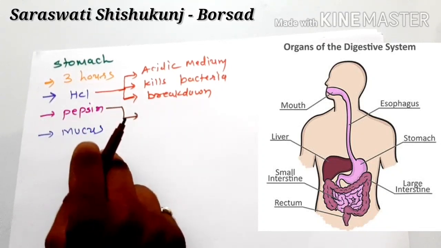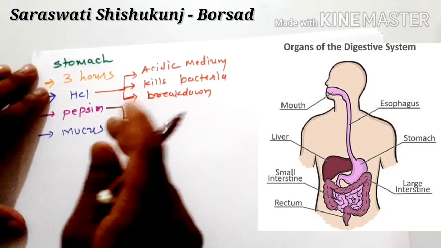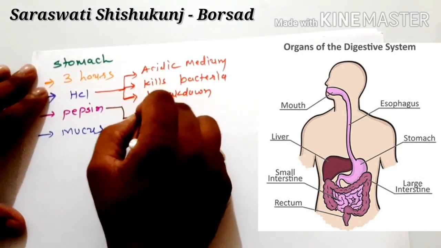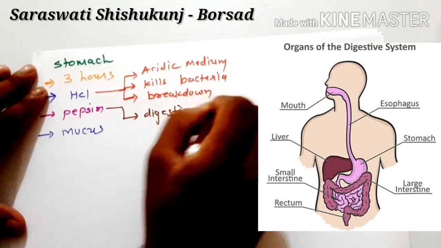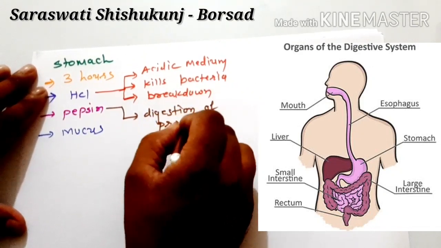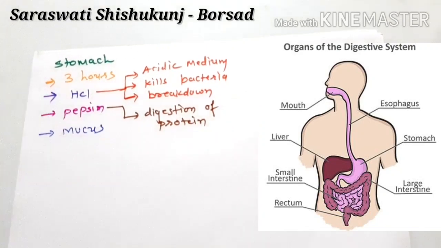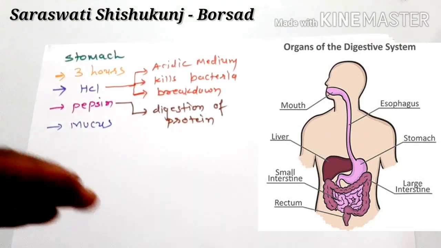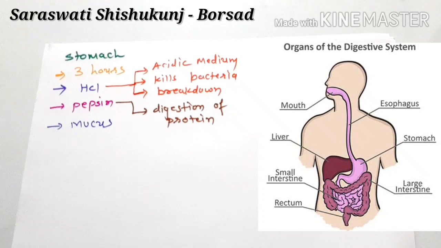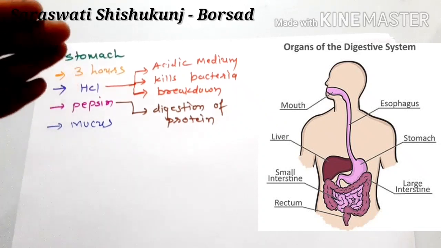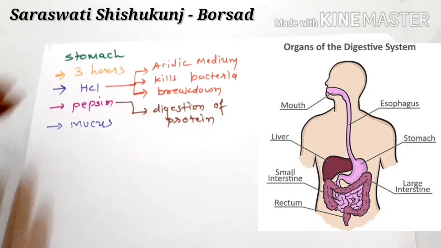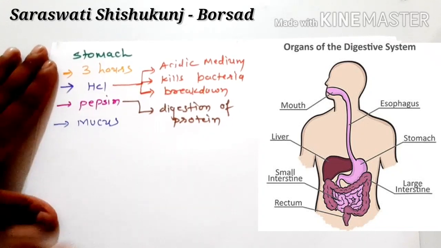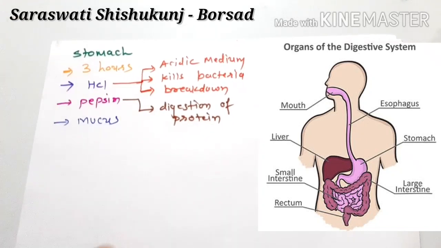Due to that pepsinogen, the pepsin enzyme will be used in the digestion of protein, right? Pepsin enzyme is used for digestion of protein. So in the stomach, our digestion of protein will start.